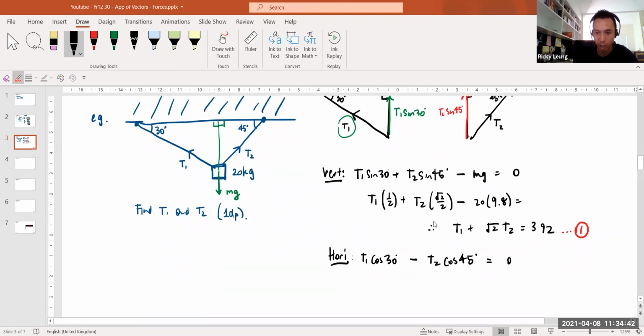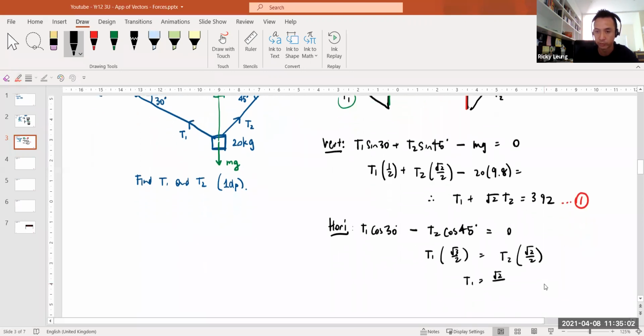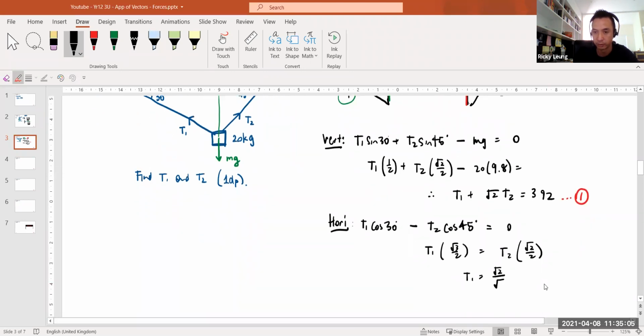I'll move this over and sub in the exact values at the same time. That's root 3 on 2 T1 equals T2 root 2 on 2. If I make T1 the subject, the 2s cancel out, and you get root 3 downstairs, so it'll be root 2 on root 3 T2. And there is my second equation to solve simultaneously.